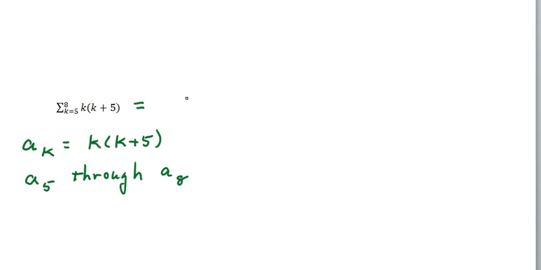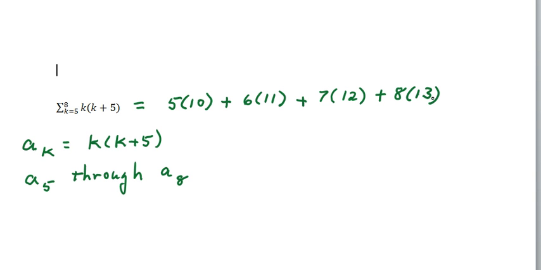And so this is going to equal: a sub 5 would be 5 times 10. a sub 6 would be 6 times 11. a sub 7 would be 7 times 12. And a sub 8 would be 8 times 13.